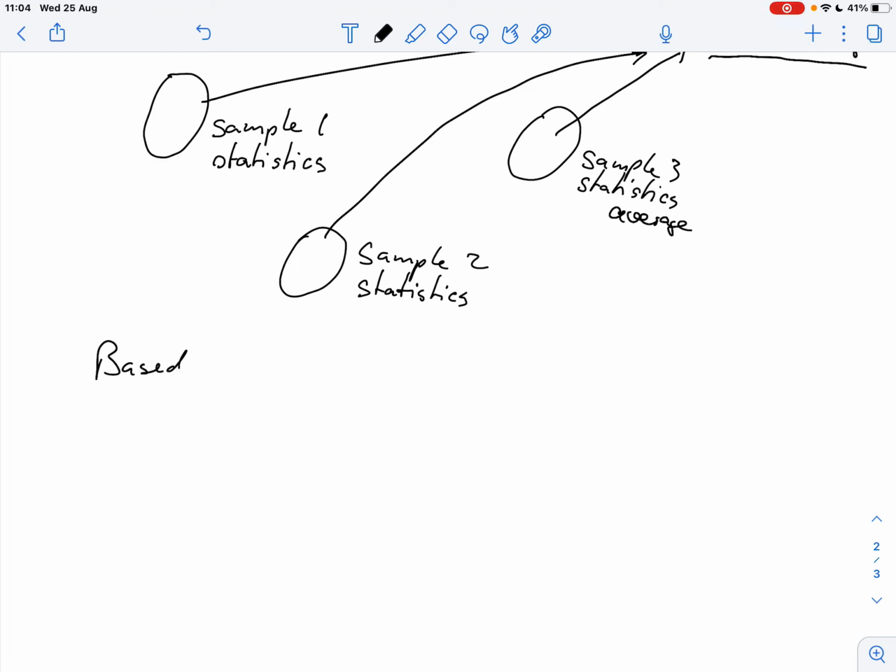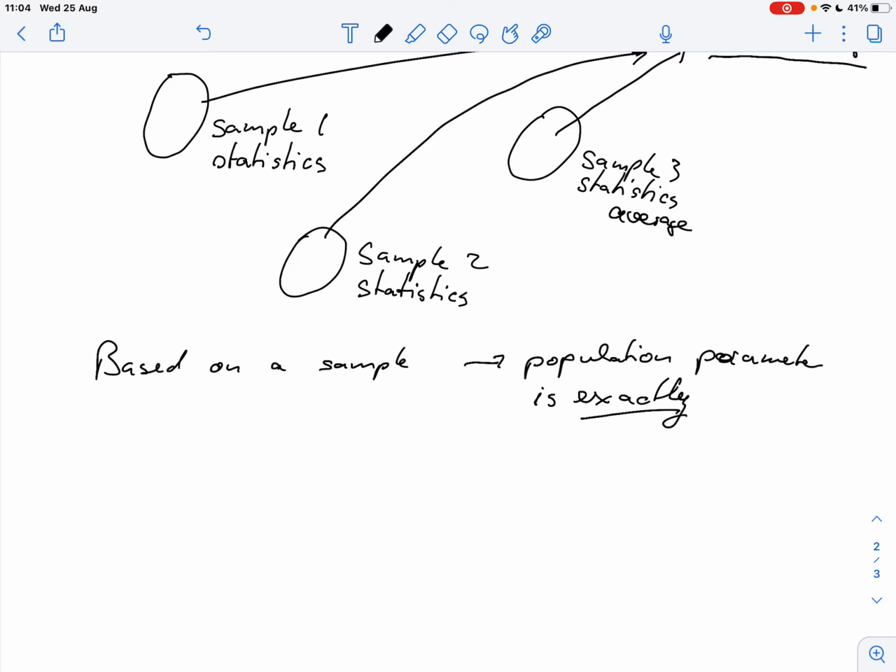So it doesn't really make a lot of sense to say, based on a sample, the population parameter is exactly this and this and this. It doesn't make sense.